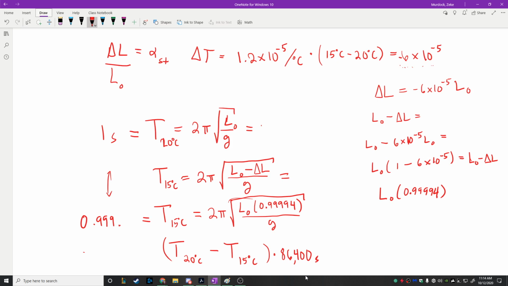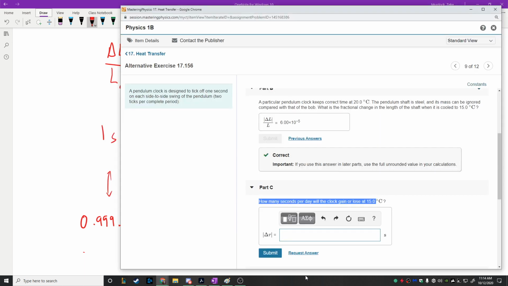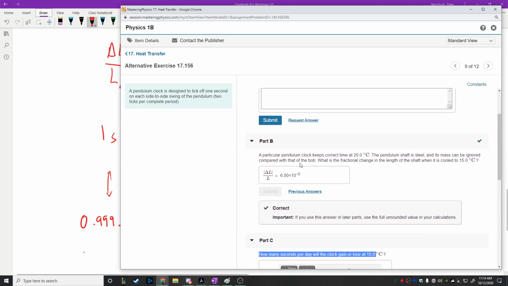So if we do that, we don't actually know what the length of the pendulum is, do we? I've got to look back at this and make sure that I'm not wrong about this. A particular pendulum clock keeps correct time, whatever that means, at 20 degrees Celsius. The pendulum shaft is steel and its mass can be, okay, correct time.